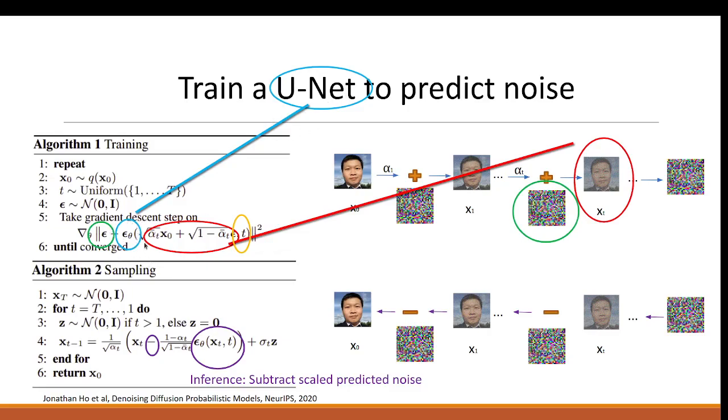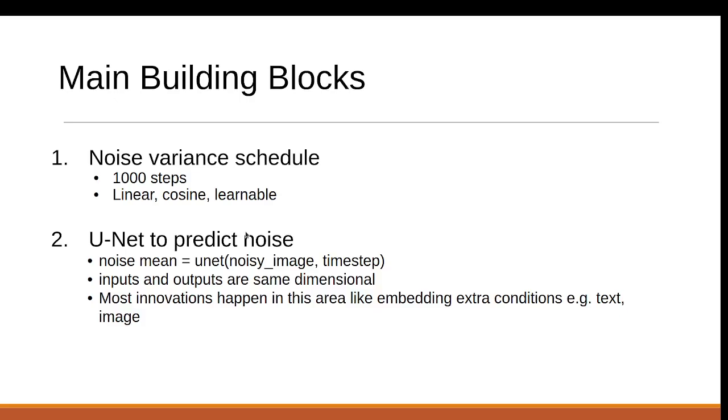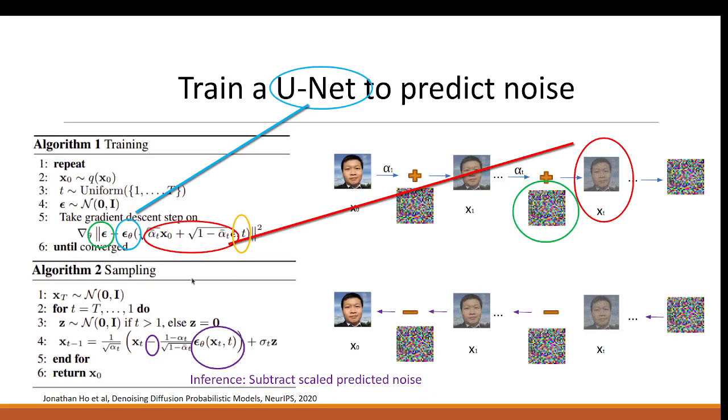So the UNet takes in two inputs. T is the time step, like I have described. The UNet takes a noisy image and the time step. So this is a noisy image. What it means is that this is a scaled version, you make it smaller, and then you add some noise. So this is the noise schedule.